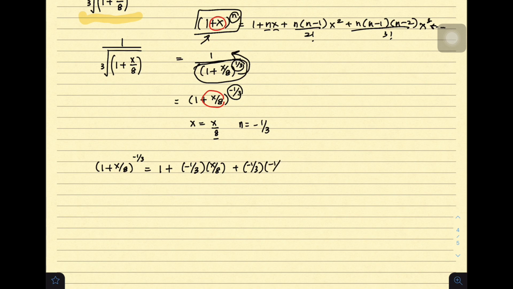N minus 1 is negative 1 over 3 minus 1. Divide by 2 factorial x square. Okay, plus dengan negative 1 over 3, negative 1 over 3 minus 1, negative 1 over 3 minus 2, divide by 3 factorial x cube.